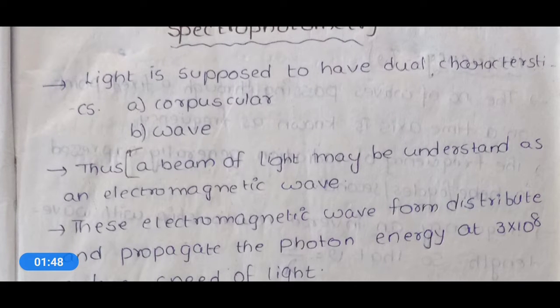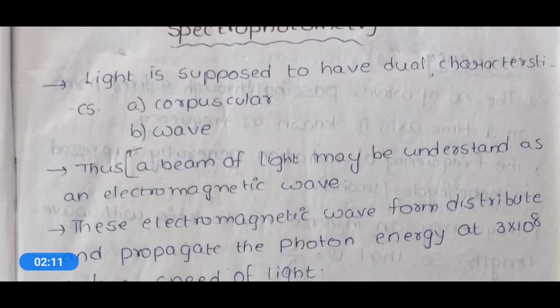So basically light is supposed to have dual characteristics. Dual characteristics means it has two types of characters: one is corpuscular character, and one is wave character.